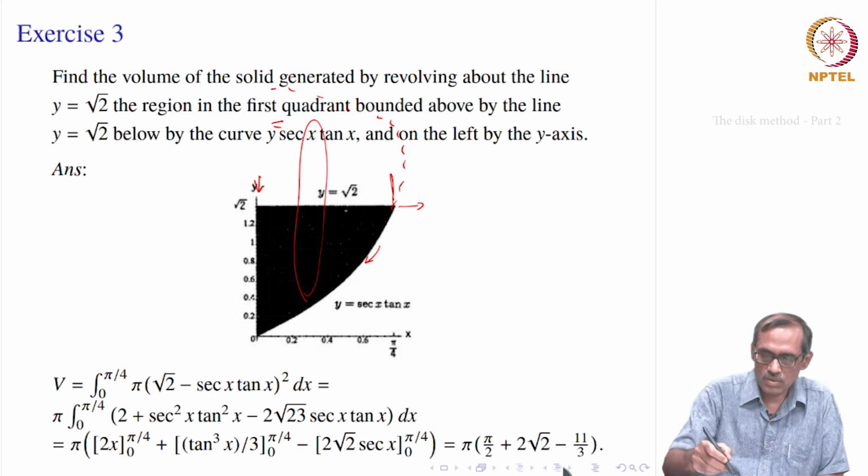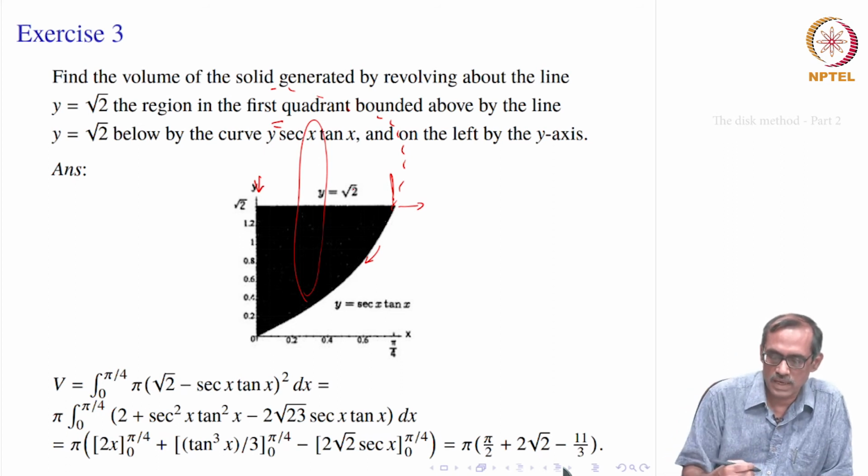All we are doing is revolving it around y equal to root 2, okay. Fine. So, now what is this cross sectional area? That cross sectional area will have some radius. When you take a point x here, what is the radius?